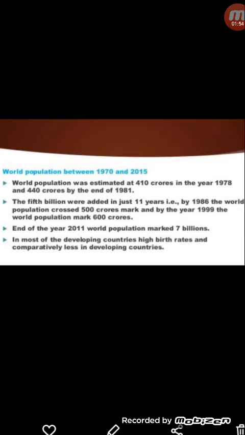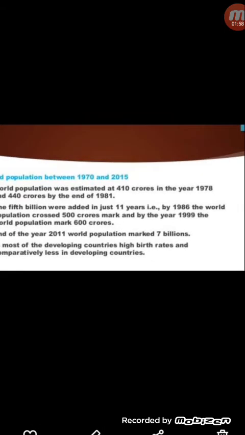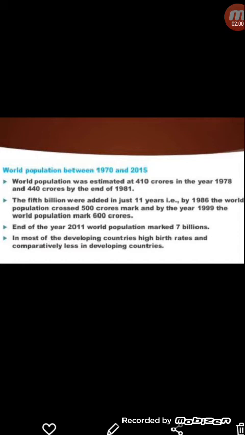The fifth billion were added in just 11 years, that is by 1986. The world population crossed the 500 crores mark, and by the year 1999 the world population mark was 600 crores. By the end of the year 2011, world population marked 7 billion. In most of the developing countries, there is a high birth rate and comparatively less in the developed countries.